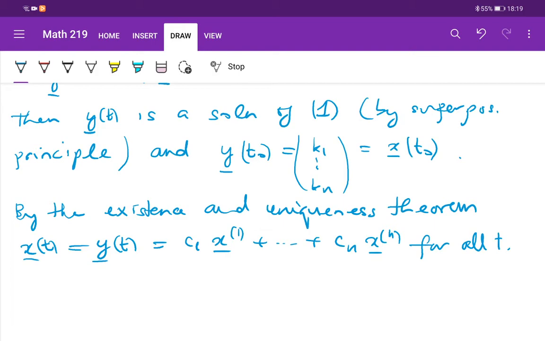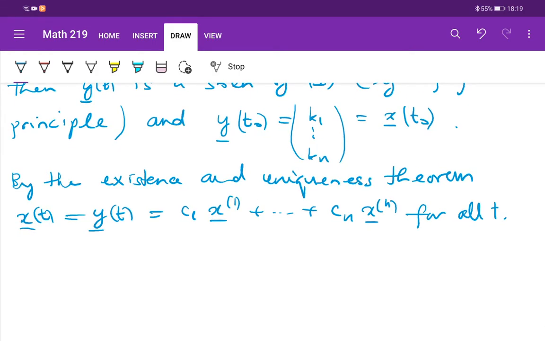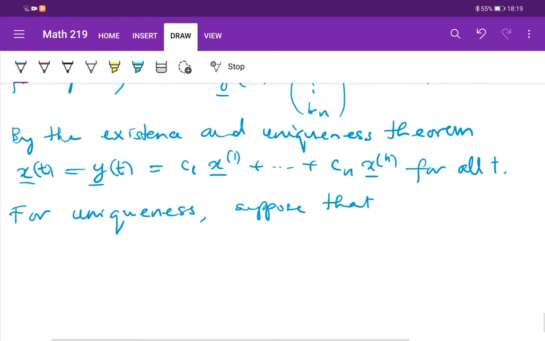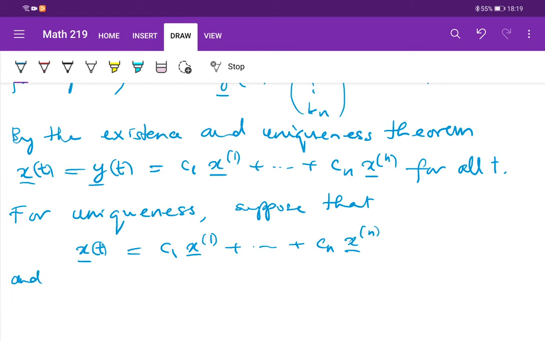How do we check that c1 up to cn are unique? For uniqueness, suppose that x is equal to c1 x1 plus ... plus cn xn, and x(t) can also be written in a different way, with c1 prime up to cn prime.